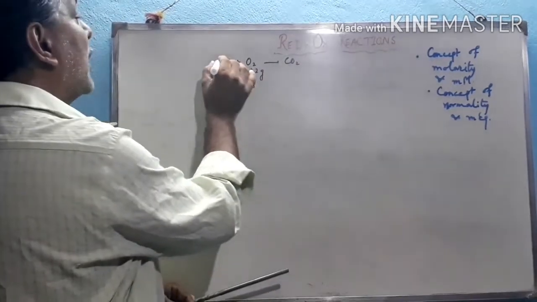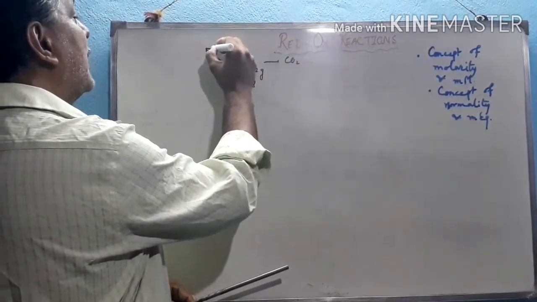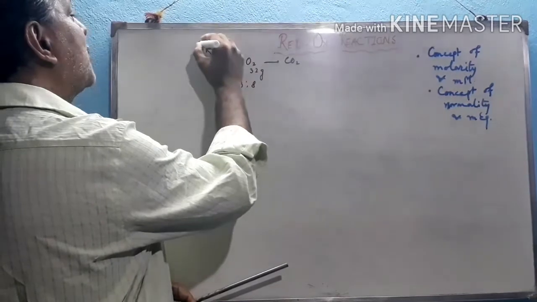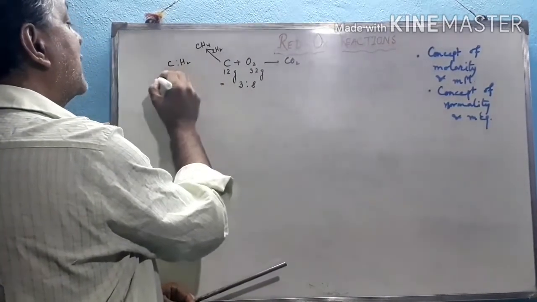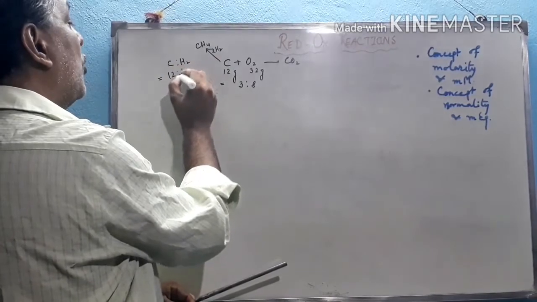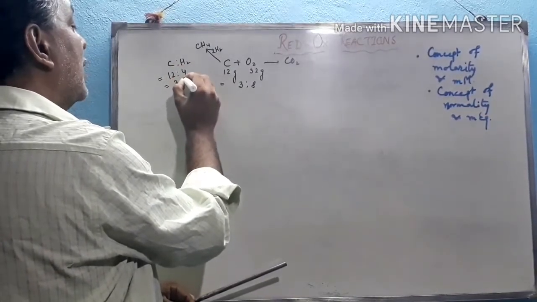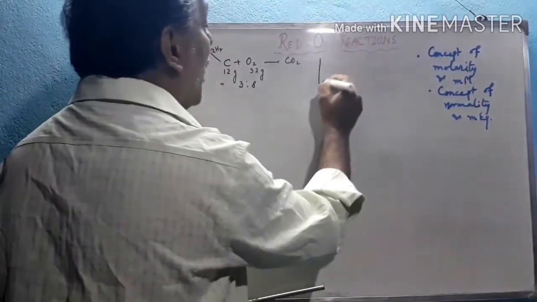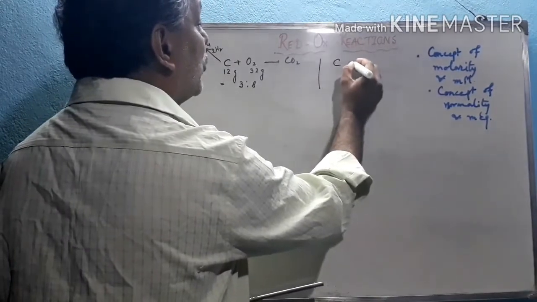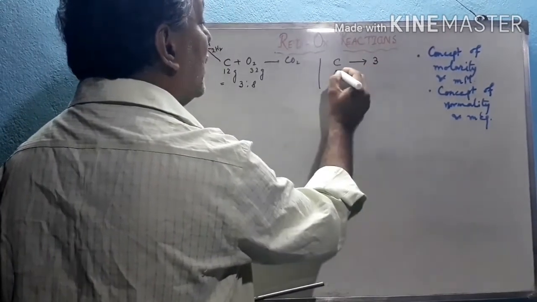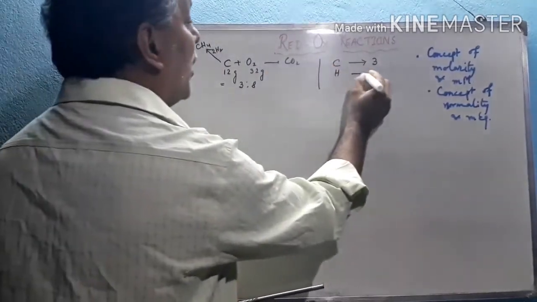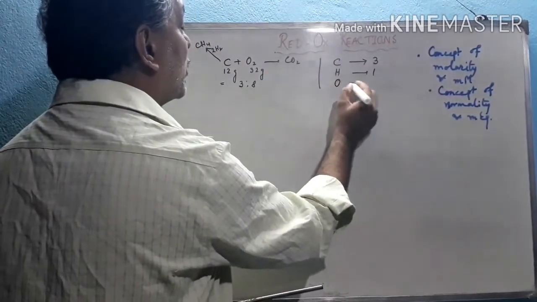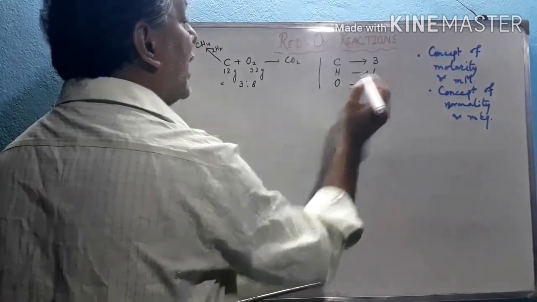Again, when carbon combines with hydrogen, 2H2, it forms methane, and here the mass ratio of carbon to hydrogen becomes 12:4, therefore 3:1. So the minimum amount of carbon that comes into the reaction is 3 parts, the minimum amount of hydrogen is 1 part, and the minimum amount of oxygen is 8 parts.